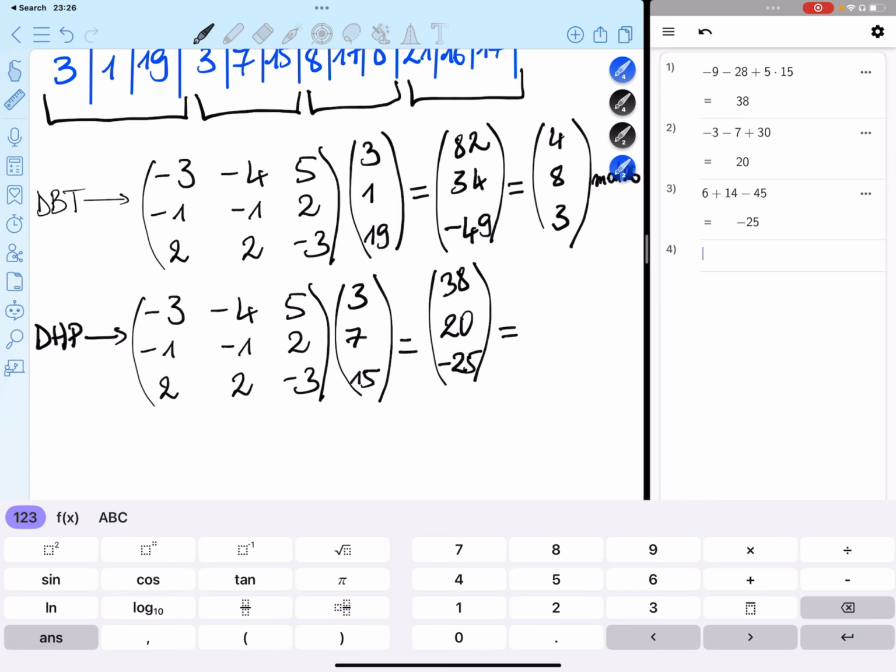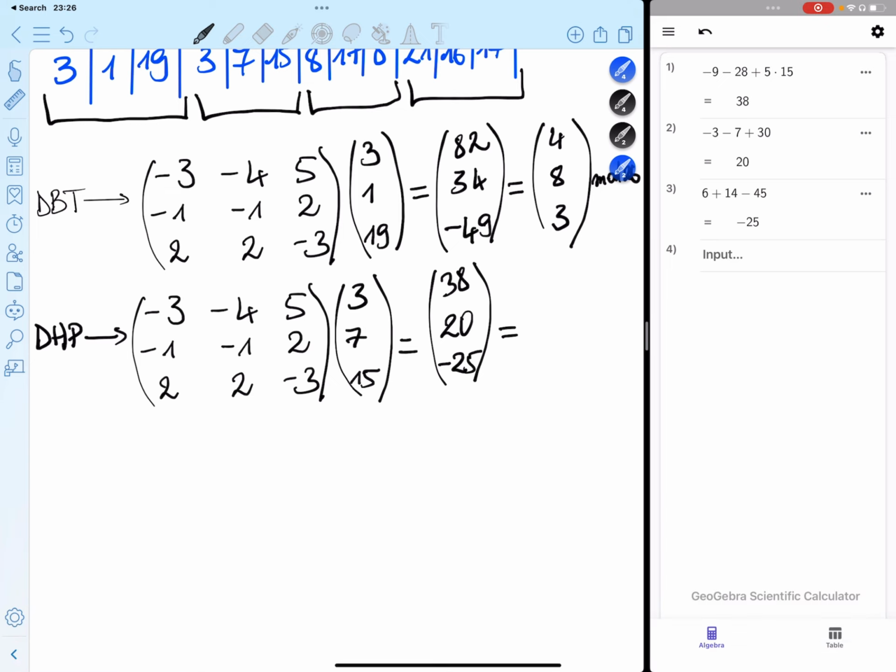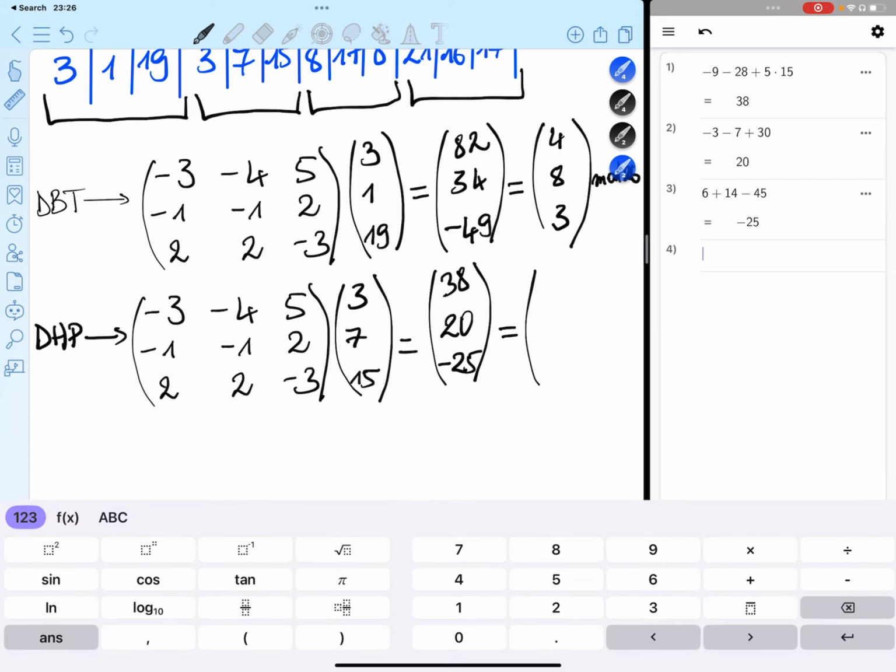And then I'm going to take the modulo 26, which is going to be 38 mod 26, 38 minus 26, 12. 20 mod 26 is equal to 20. And then minus 25 mod 26 is equal to 1.